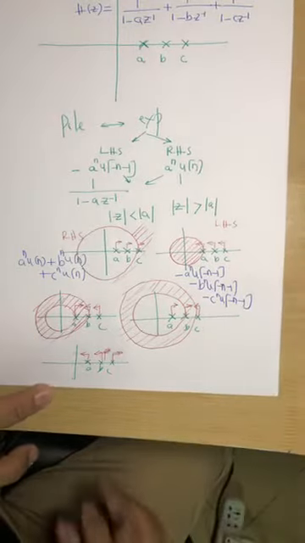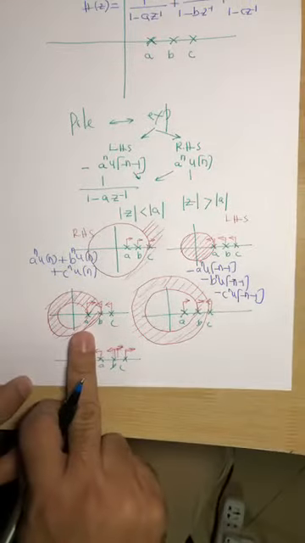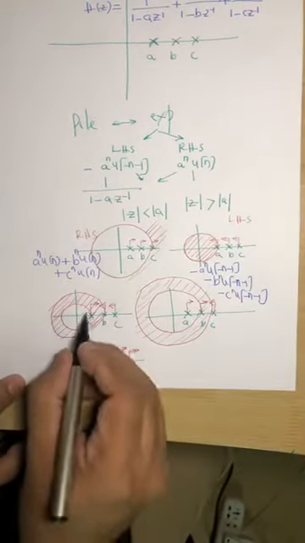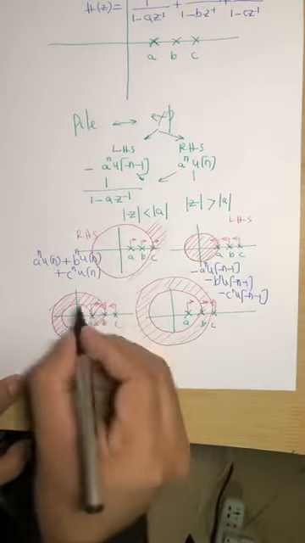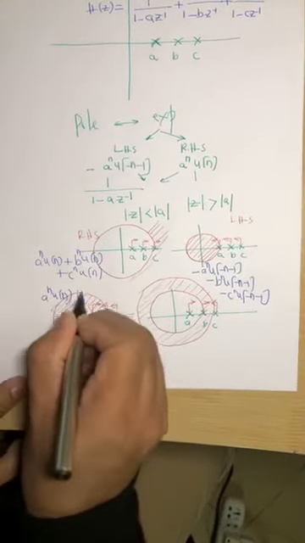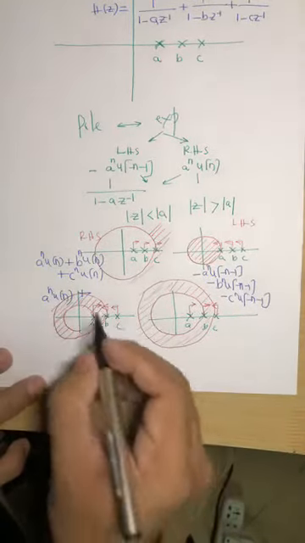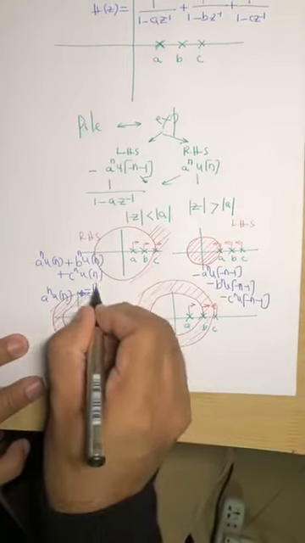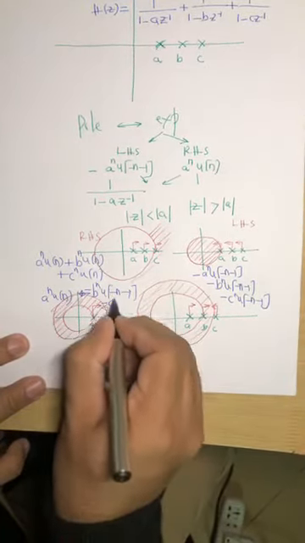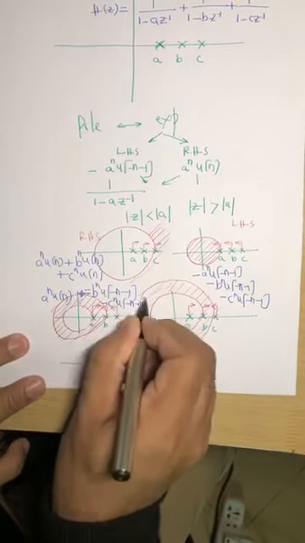Similarly, you can easily write this one: right, left, left. For right you write A to the n u of n, and for left you write minus B to the n u of minus n minus 1 minus C to the n u of minus n minus 1.